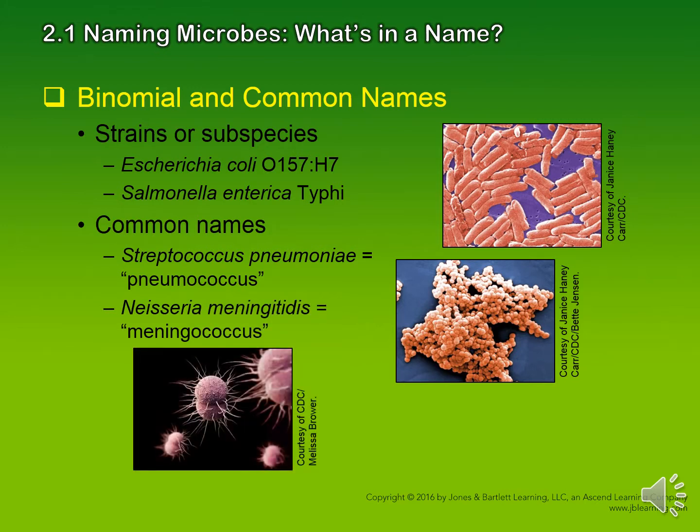Here's another good example: Neisseria meningitidis, meningococci, the causative agent of meningitis. And again, the common name sometimes is a little bit easier to get across the point, but when speaking scientifically, you want to use the entire genus and species name.